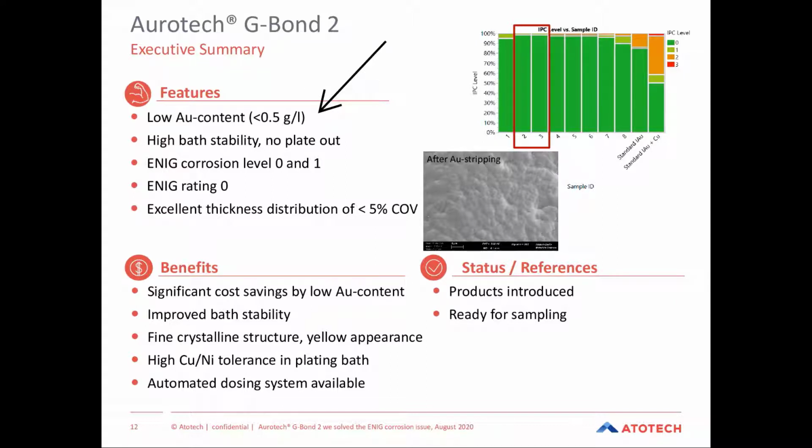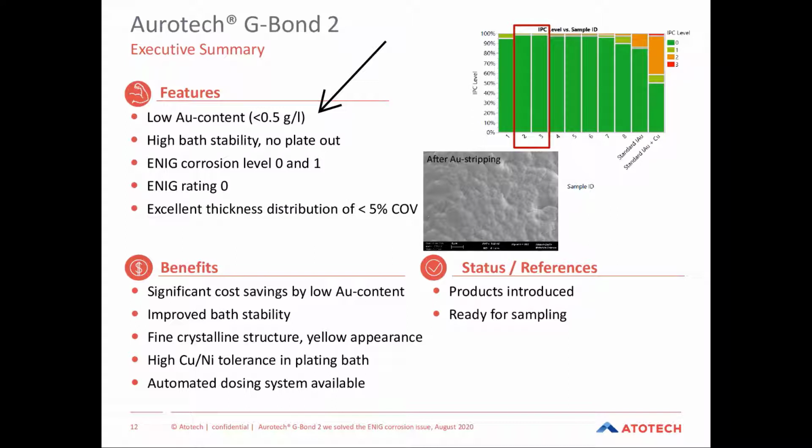save money in the process, because you can really have a low range in the variation of the gold, and you have low drag out losses because you run with a low gold content.